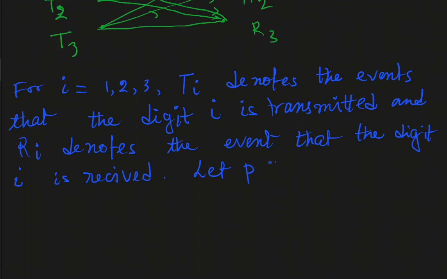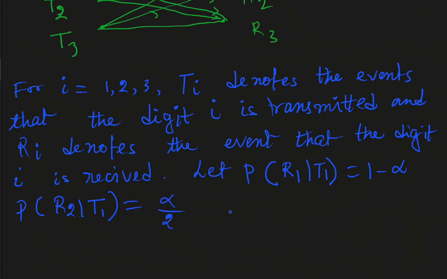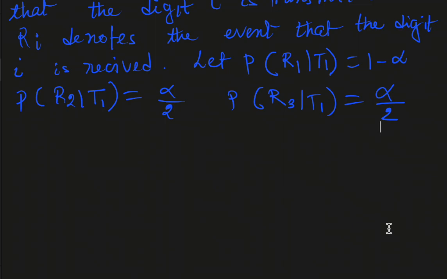Let the probability be that if I transmit T1, I will get the same signal with probability 1 minus alpha, and the probability of getting a signal corresponding to T2, that is R2, is alpha by 2, and similarly P of R3 given T1, I am sending the signal T1 and the other individual is getting signal R3, is alpha by 2.